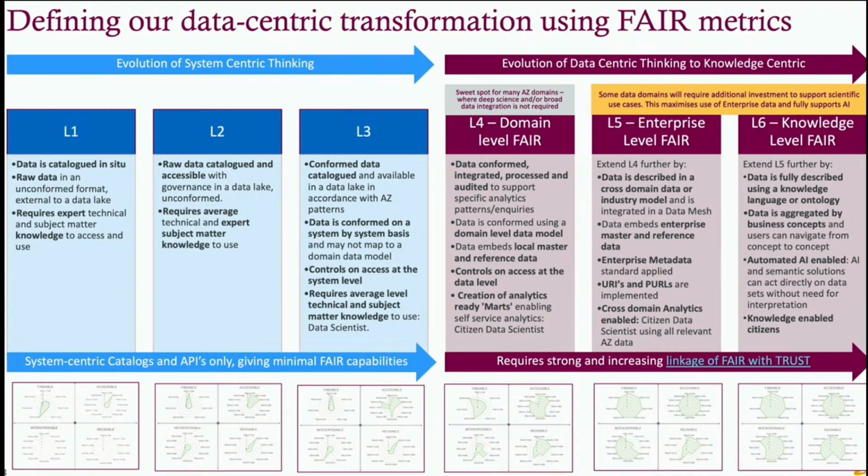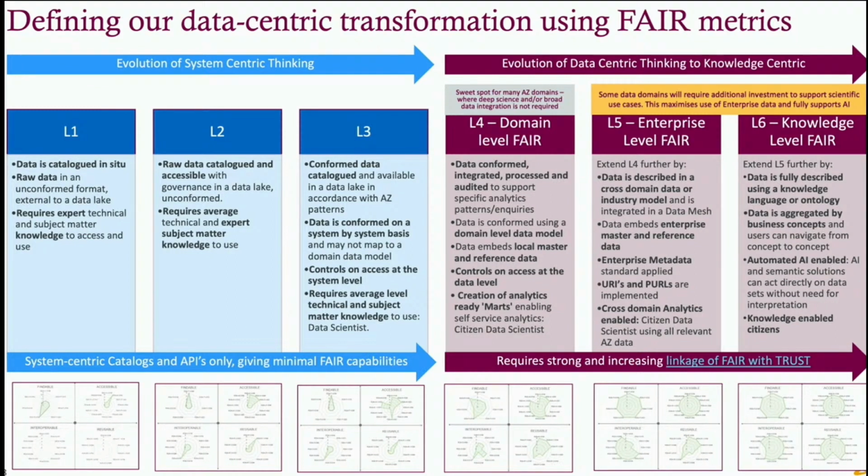Now, we all know that FAIR is contextual, but this was at least a way of starting to get the organisation to think about quantifying FAIR. And we developed this with the information architecture community. And we said levels 1 to 3 really represent system-centric, and levels 4, 5, and 6 represent knowledge-centric.